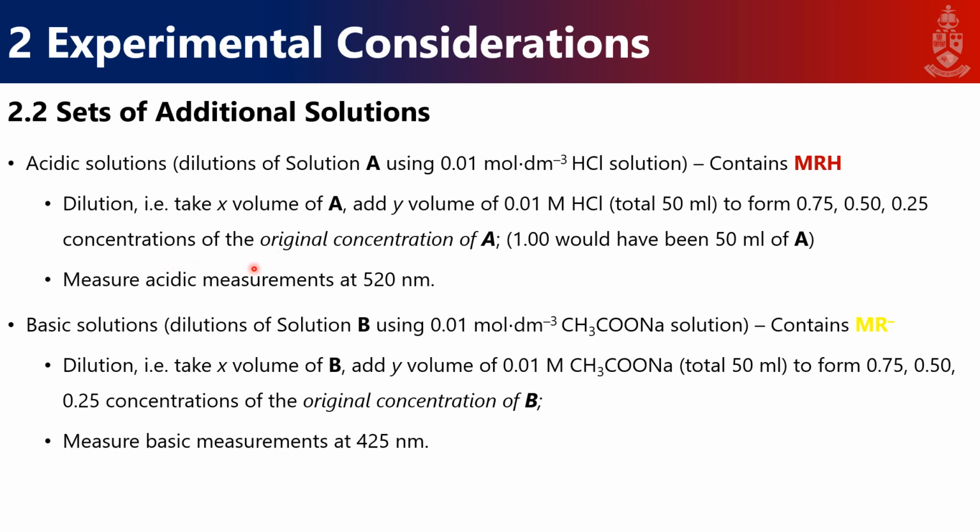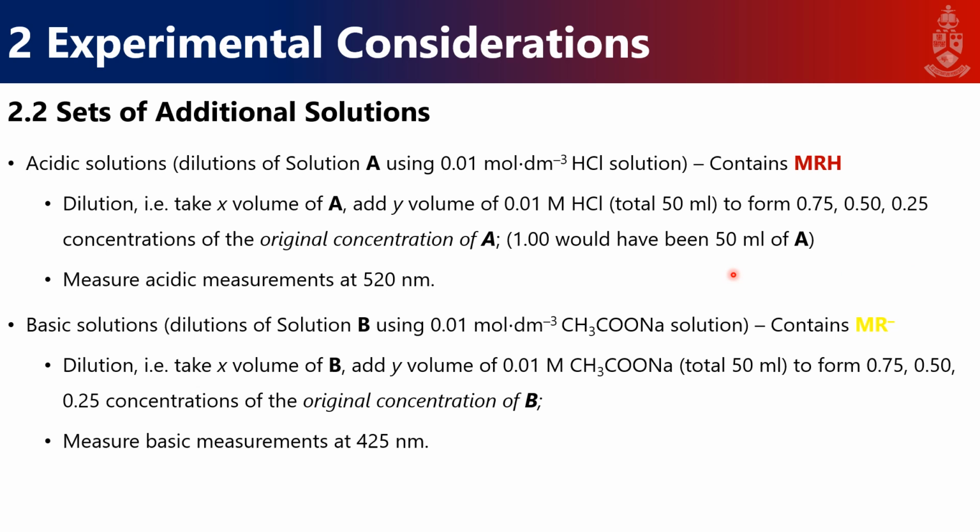What the dilution does is you take a certain volume X of your solution A and add a certain volume Y of your 0.01 molar HCl. X and Y are just variables. In total, it's going to be in a 50 milliliter volumetric flask, and you have to do that for 0.75, 0.5 and 0.25 relative concentrations.